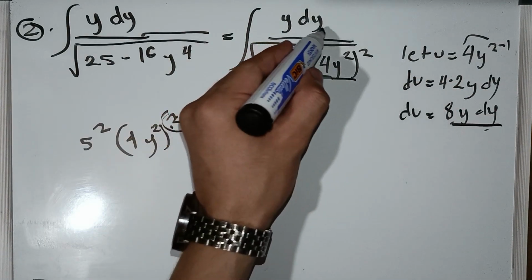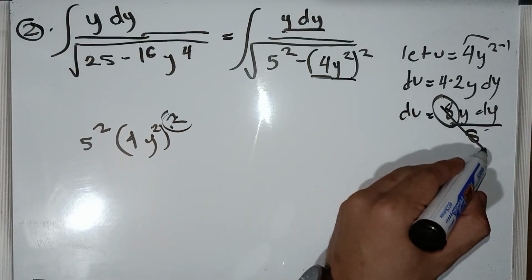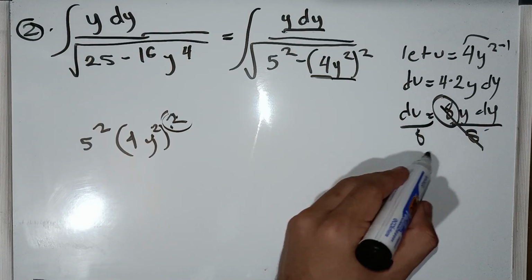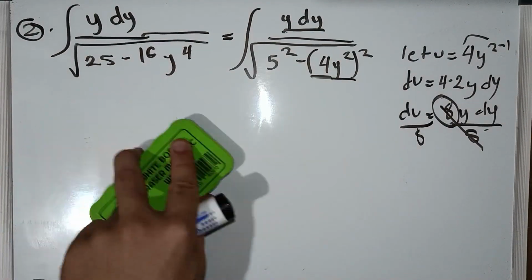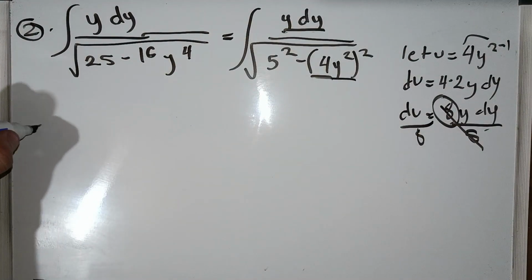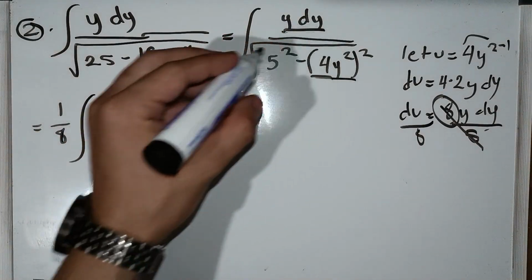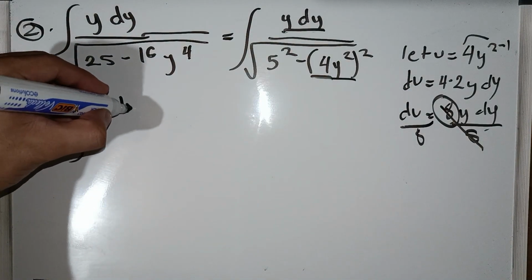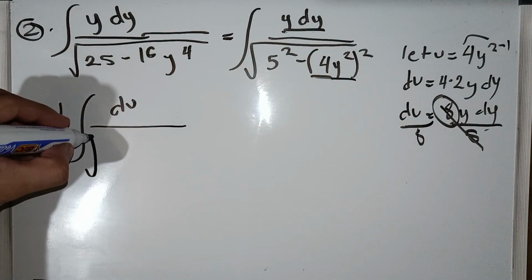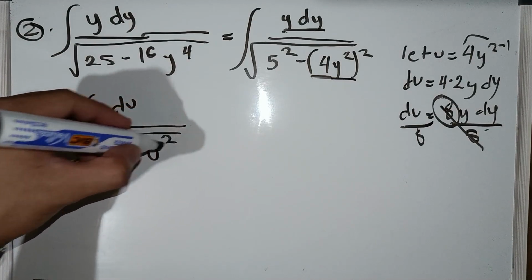We can now use this. Since we have 8 here, we divide by 8, so du over 8. Since this is a constant, let's put it out front. That is now equal to 1 over 8 times the integral of du over the square root of 5 squared minus u squared.